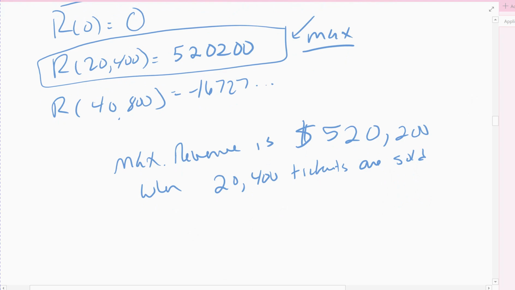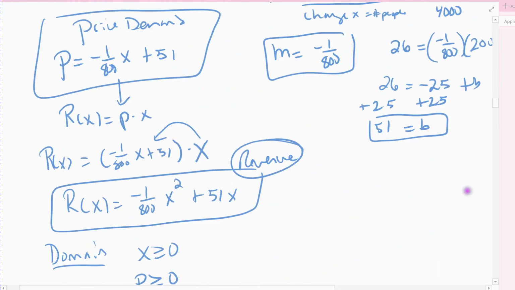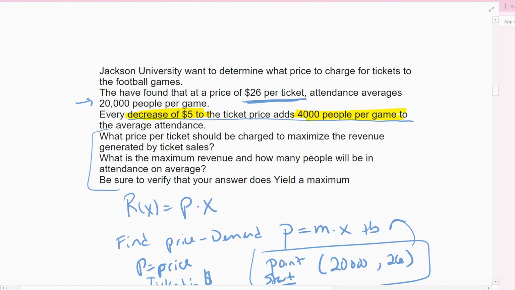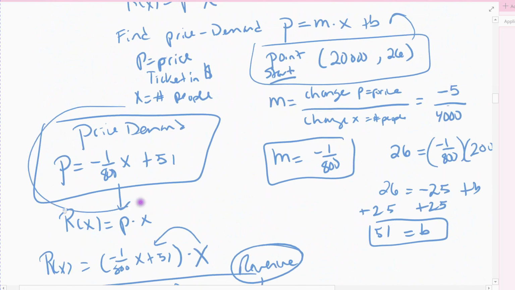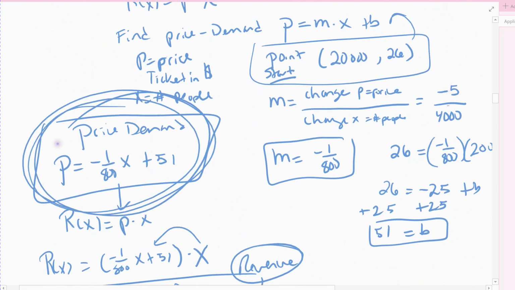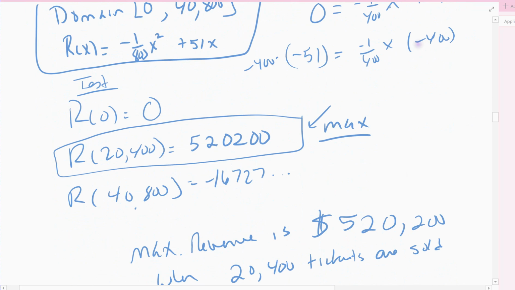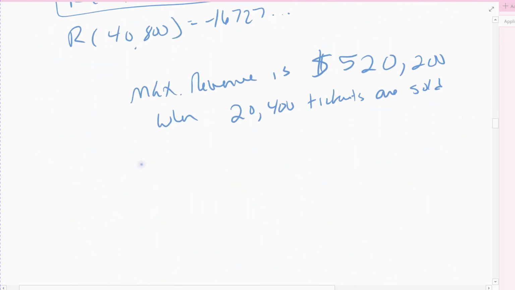I want to make sure I answered all of the questions. Nope, I haven't found the price per ticket yet. Found maximum revenue, how many people, I did verify. So the last step is, well, what's the price? What's going to make the magic happen? So I need this price demand equation, and I have to plug in my 20,400 into it.